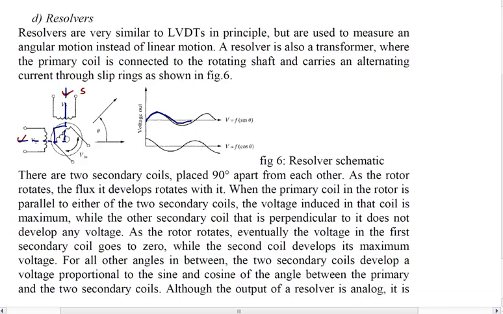So the voltage of V1 and the voltage of V2 will be 90 degrees apart. Based on that, we will be able to very clearly find out the position. We will be able to find out the value of theta by looking at both of these.